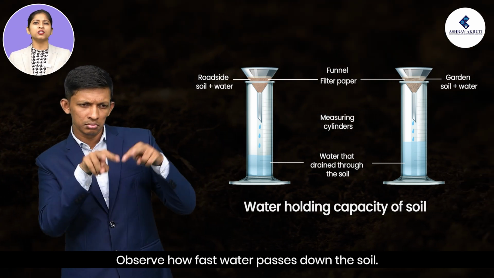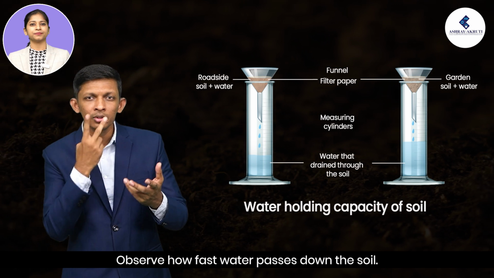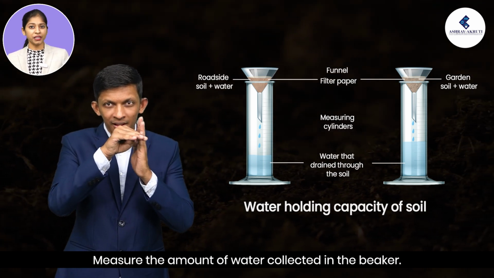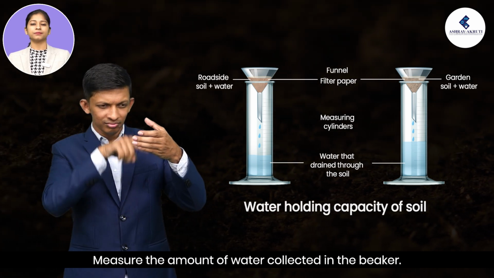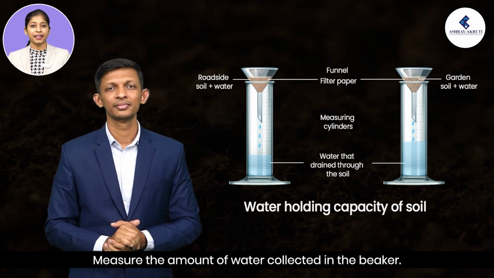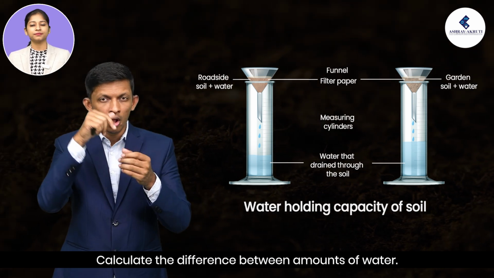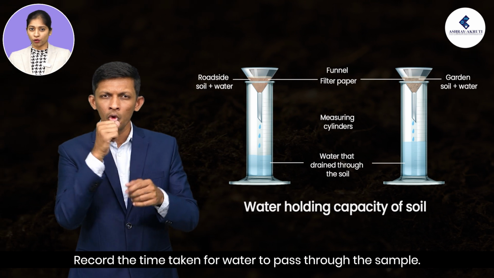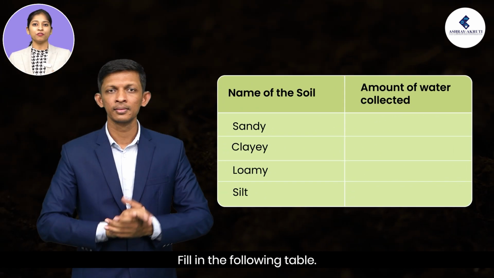Observe how fast water passes down the soil. Measure the amount of water collected in the beaker. Calculate the difference between amounts of water. Record the time taken for water to pass through the sample. Fill in the following table.